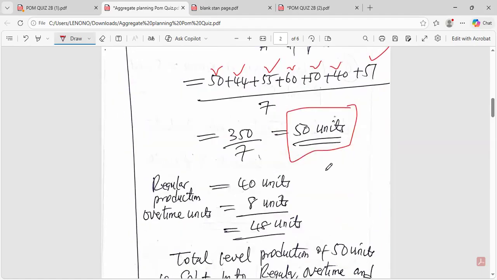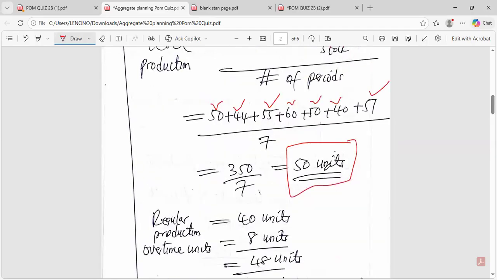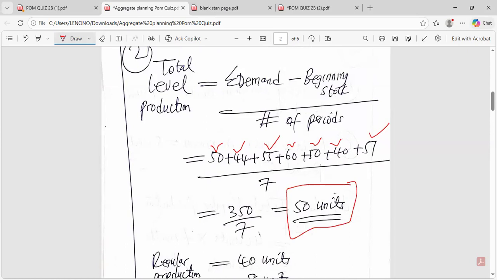Now, this is the total level production, and it is 50 units.